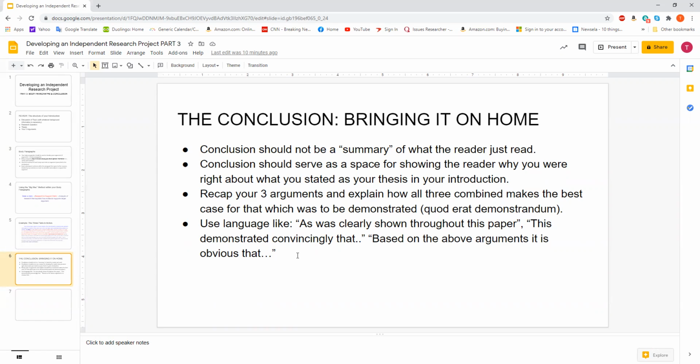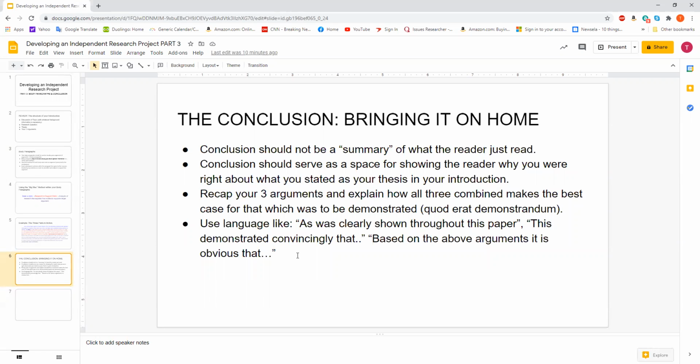Remember, this is a competition, this is a debate, and at the end of the paper, you want to convince your reader, convince your audience that what you said, what you believed was the answer to your research question, was the right approach to take. As you are writing your conclusion, you don't want to summarize, but you do want to recap your 3 arguments, but you're going to recap them in a way that explains how all 3 combined make the best case for the QED, quod erat demonstrandum, that which was to be demonstrated.